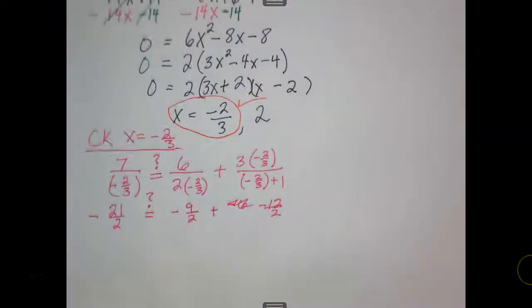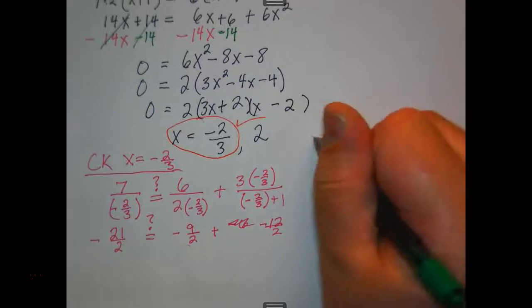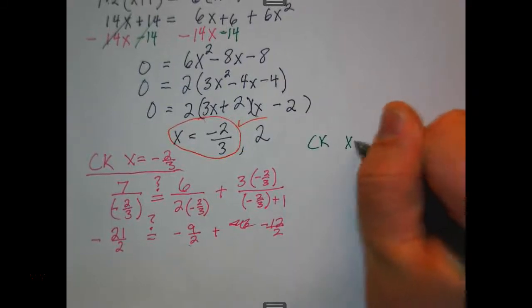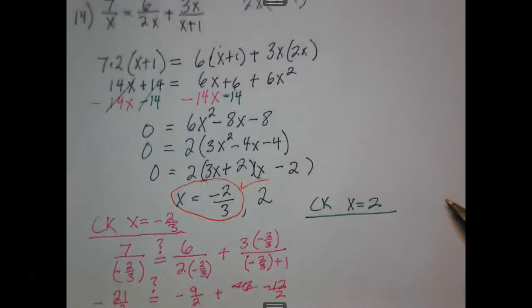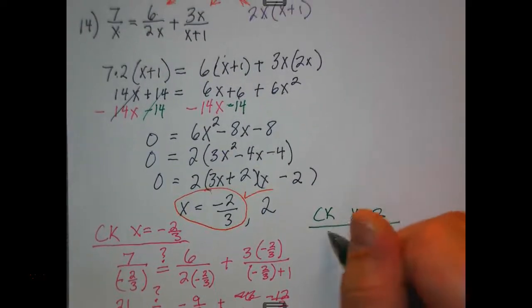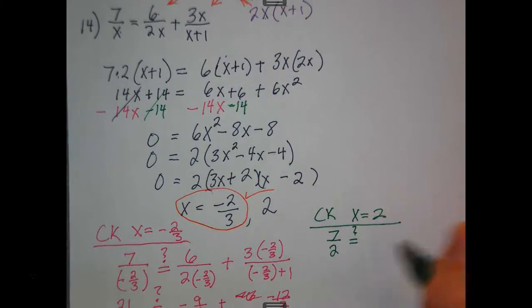Okay, what else do we have to check? Number 2. Maybe we can do this one in our heads. 7 divided by 2, does that equal 6 over what's 2 times 2, plus 3 times 2 is 6, and 2 plus 1 is 3?